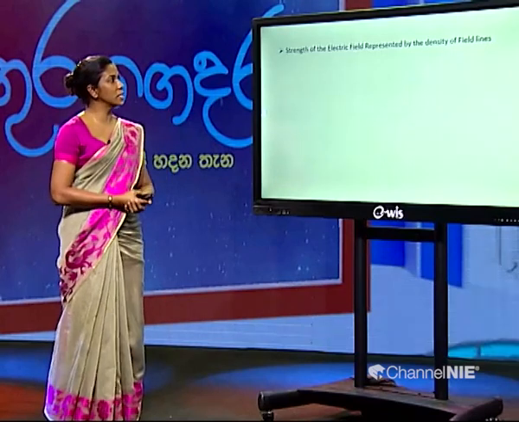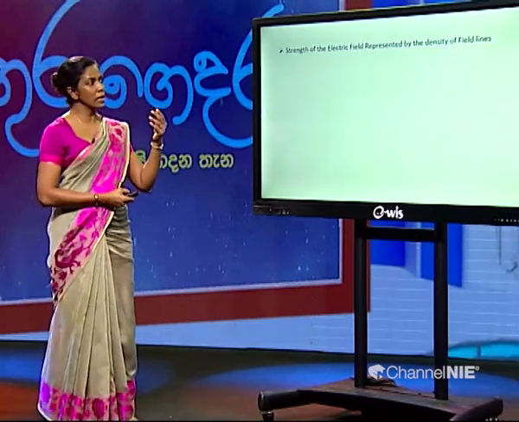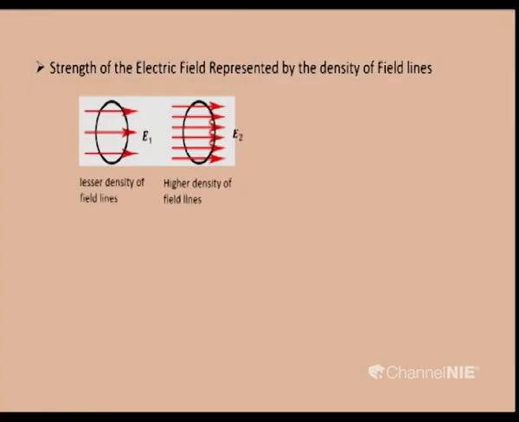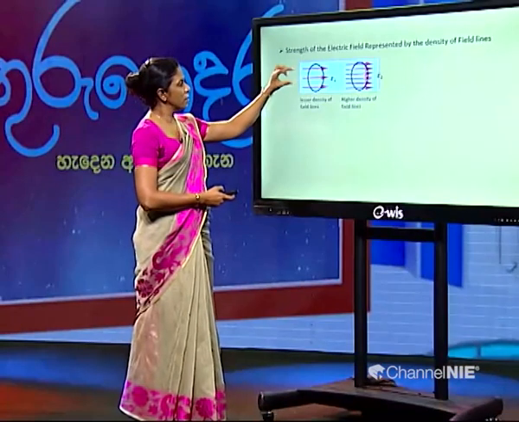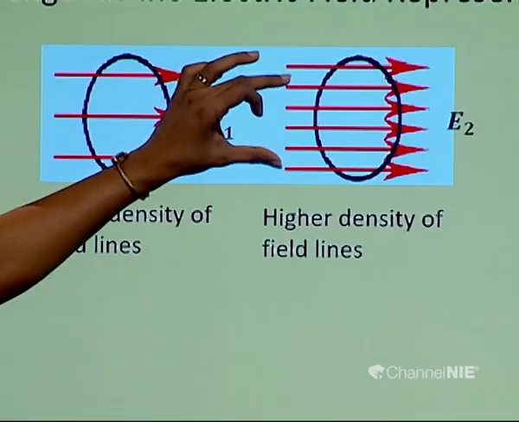The first property is the strength of the electric field, which is denoted by the density of field lines. Take an example: I have chosen two circular areas of equal size, but in the first the line spacing is greater, whereas in the second the line spacing is less.